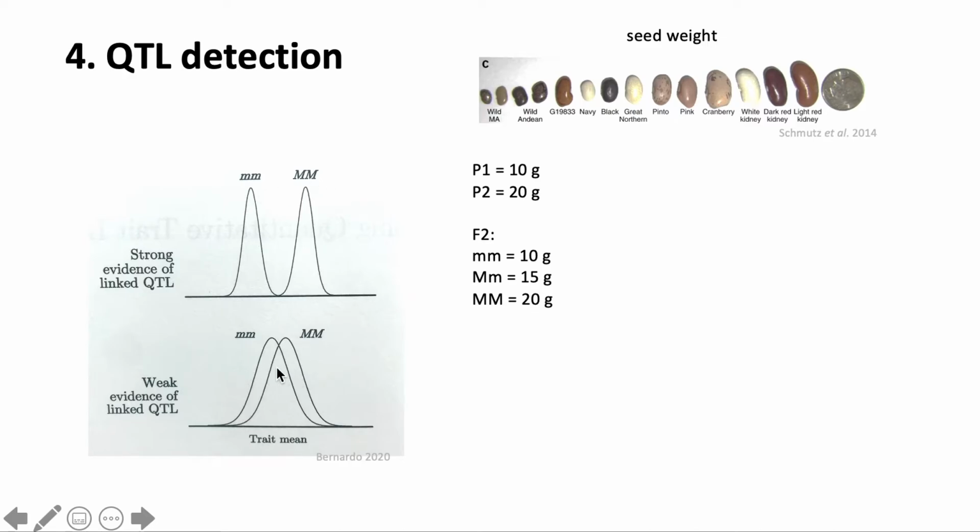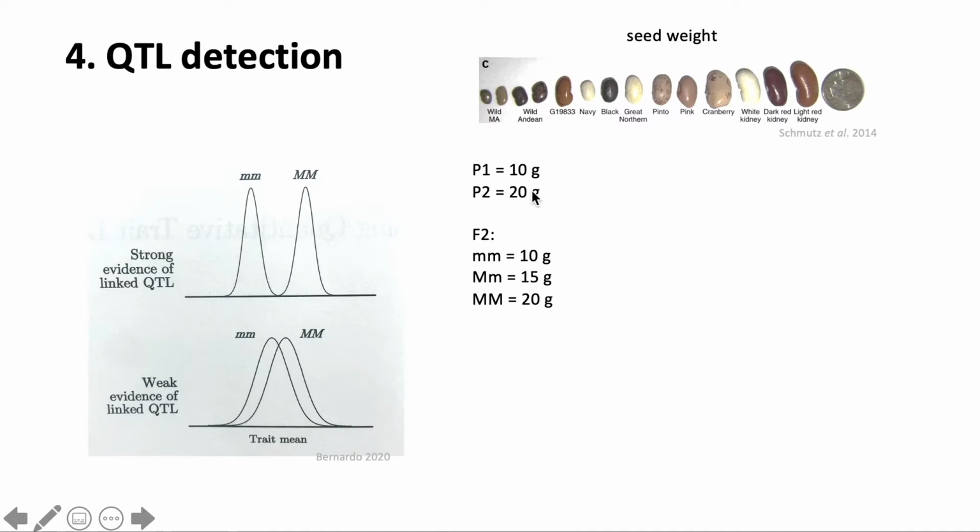And when that difference between means is not so evident, the evidence of the presence of a QTL is not that good, or it is not that easy to identify. To give you a better understanding, we can use this example.